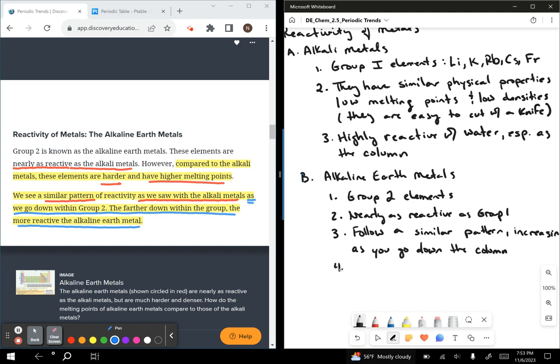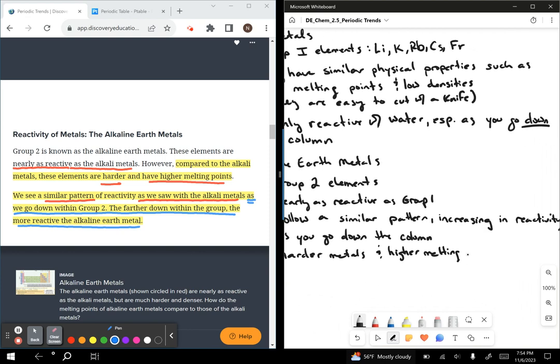Okay, number 4. These are harder metals. They're going to have a greater density, and they have higher melting points. That means it takes a lot more heat to melt them.